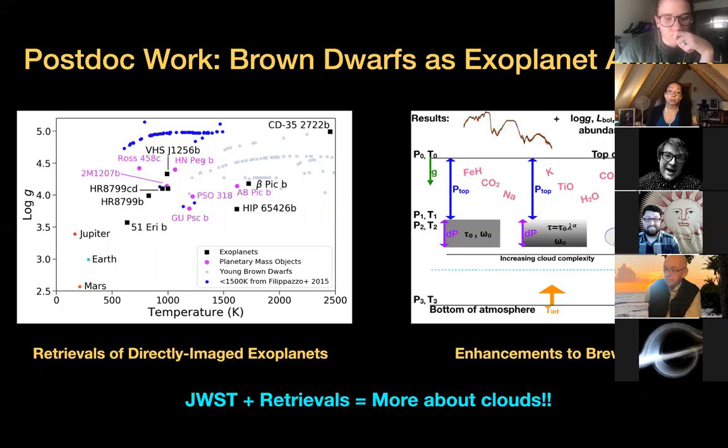And because for this work I am moving towards cooler objects, I am going to do some enhancements to the Brewster code base. For this work, I've primarily been focusing on these gray clouds or power law clouds, but there is a capability to test individual cloud species. A thing I want to include is potentially retrieving the imaginary index for Mie scattering.